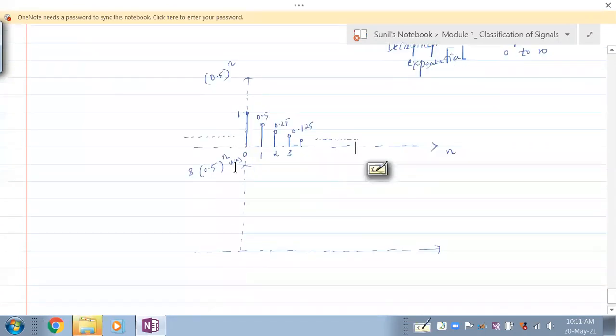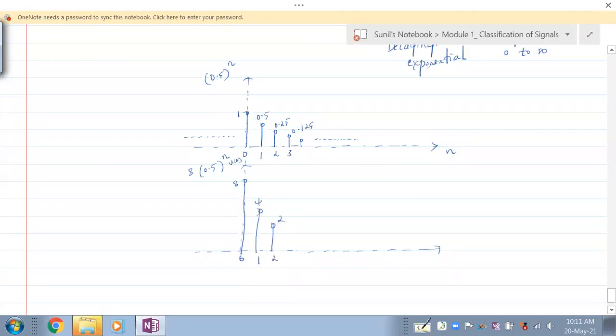Fine. So at 0 you have a sample of amplitude 8, because you are multiplying this 1 by 8. Then you are multiplying this 0.5 by 8, so you will have 4 at 1. Then 0.25 gives 2 at 2.